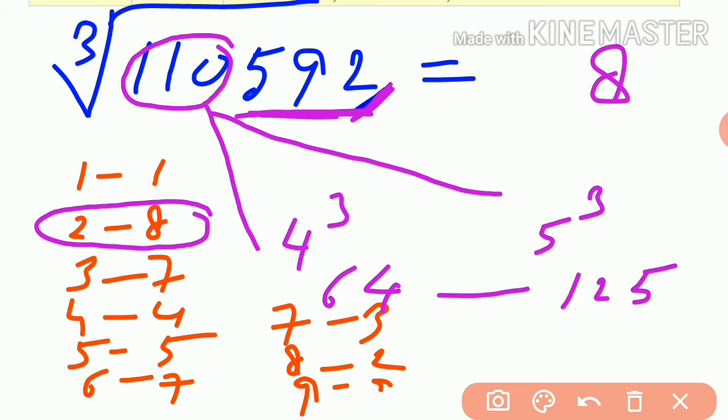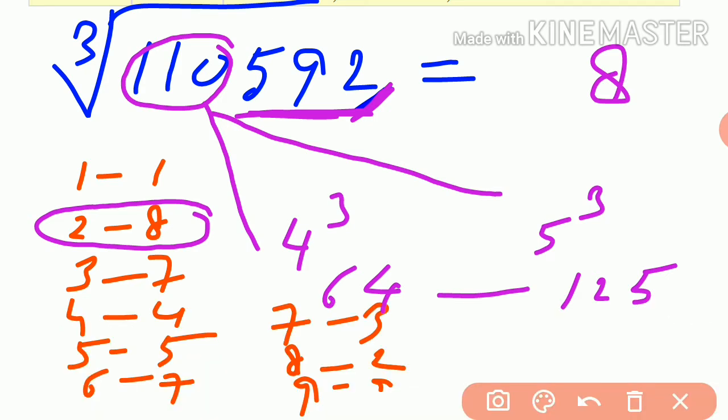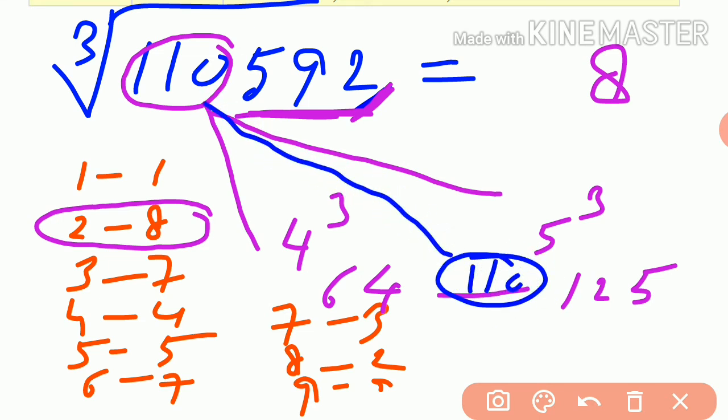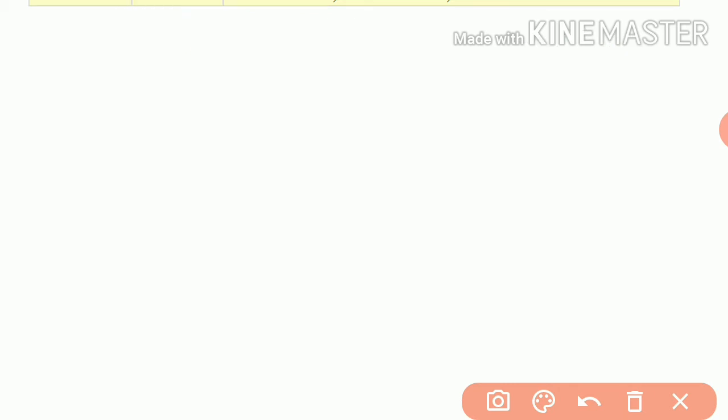It means 110 lies between these two numbers. So we will take the smaller value of these cubes, that is 4. So our result will be 48. 48 will be the cube root of the given number. Similarly, take the next example, example number 3.